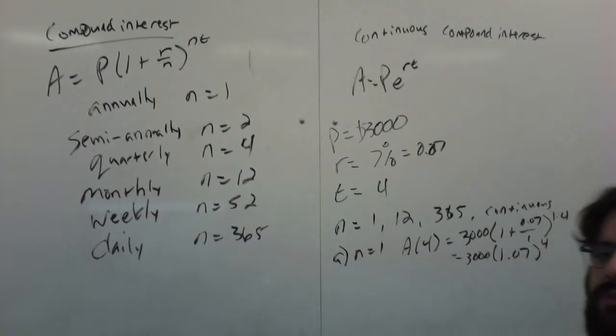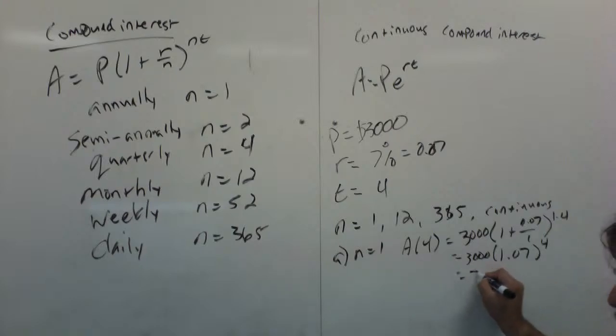Sometimes it helps just to simplify the formula before you put it in your calculator, so you're not confusing yourself. So 3,000 times 1.07 to the 4th, that is 3,932.39. Remember, we round to 2 decimal places because we're talking about money.